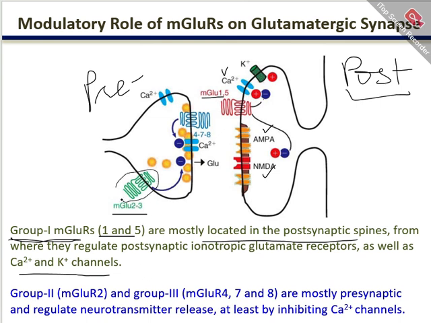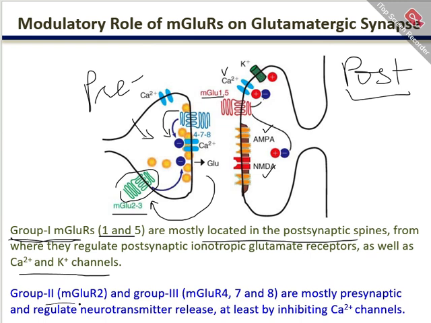Once glutamate comes and binds on these receptors, presynaptic inhibition takes place, and it results in the inhibition of glutamate release. These receptors act on the calcium channels, so uptake of calcium into the presynaptic component is decreased, and they show an inhibitory response.